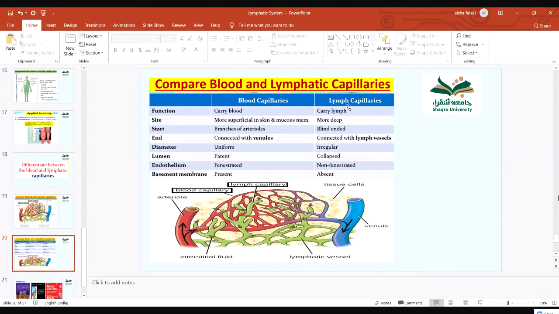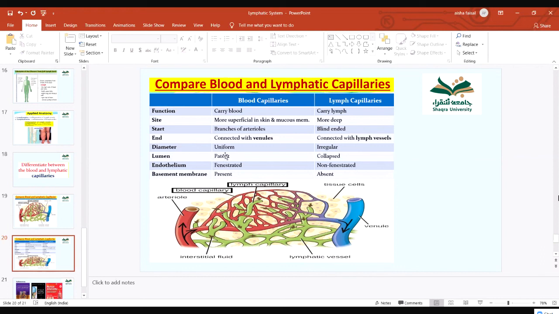They start as blind-ended lymph capillaries. Blood capillaries are connected with venules, and lymphatic capillaries are connected with the bigger lymphatic vessels. The diameter remains uniform throughout in blood capillaries, but in lymph capillaries the diameter is not uniform. Initially it is very small, later on it becomes bigger and bigger.